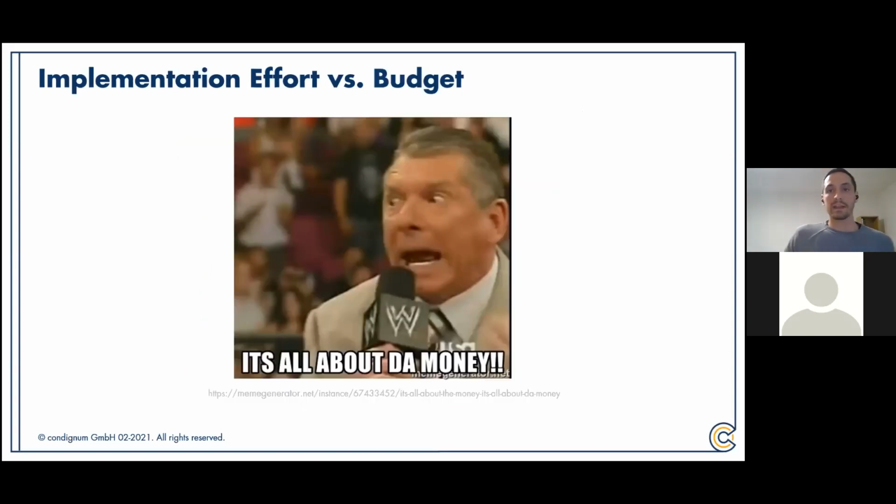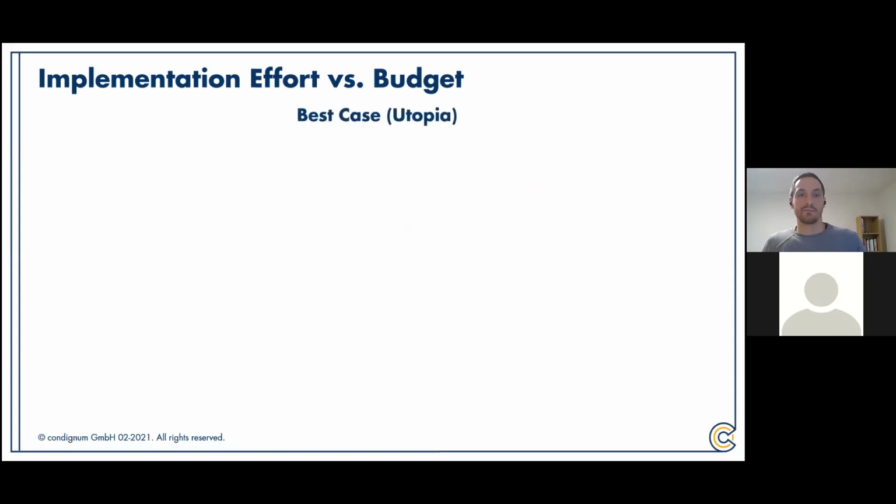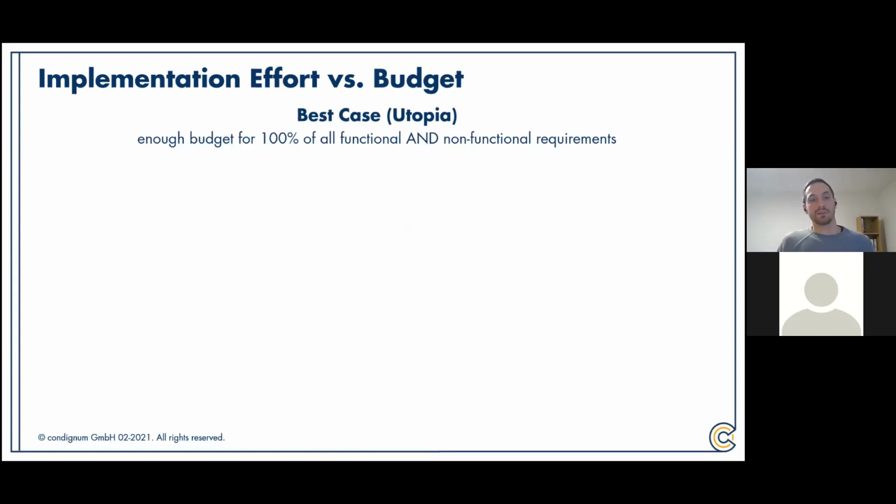After that, we really need to implement them and write code. And of course, like always, it's all about the money. We have a specific amount of implementation effort to implement our requirements, and we have a defined budget. In a best case scenario, there would be enough budget for all our functional requirements and the non-functional ones.